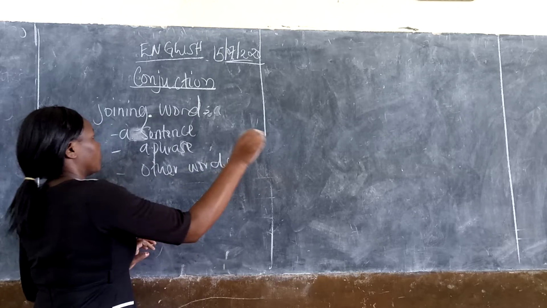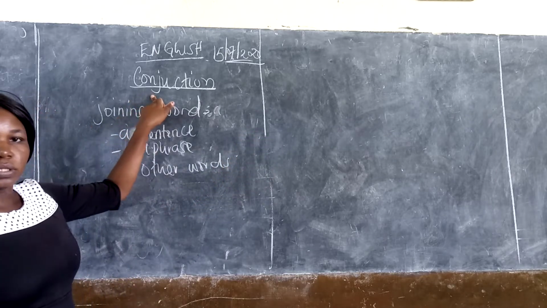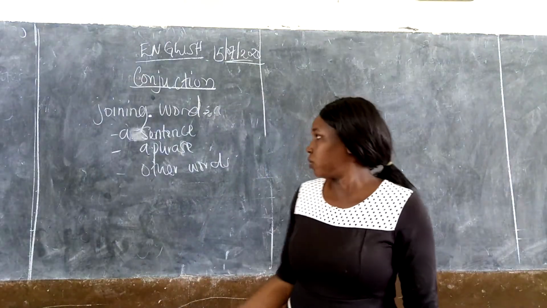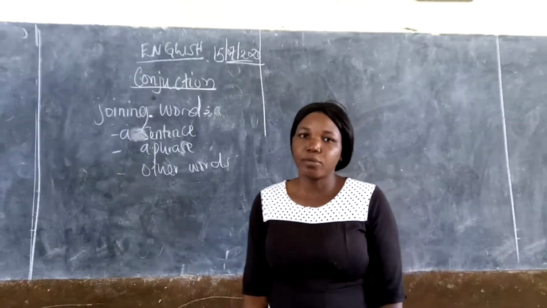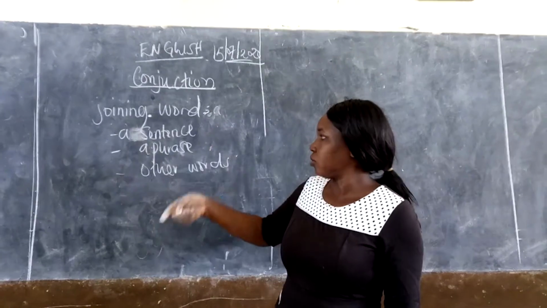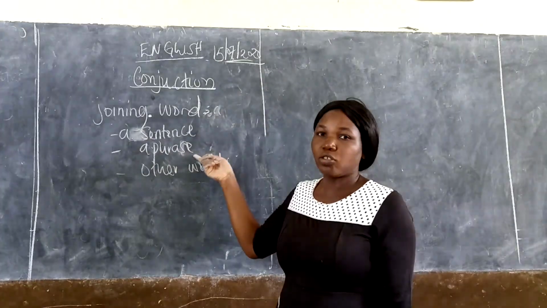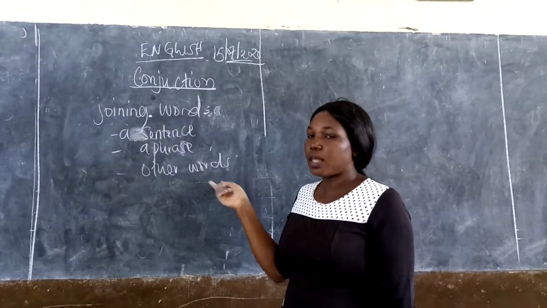Conjunction is a joining word. It can join two parts of a sentence, it can join a phrase, it can join other words.